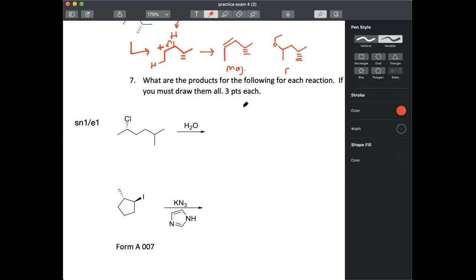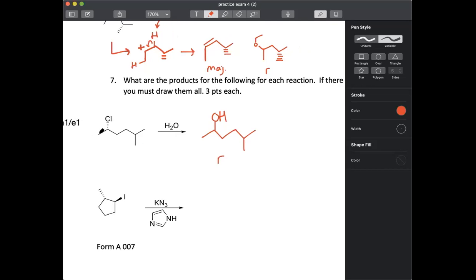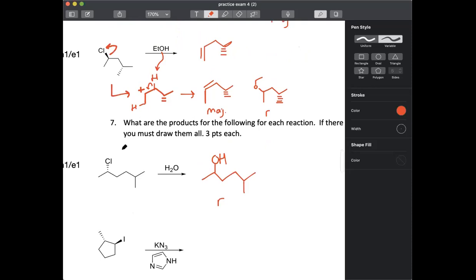All right, so let me draw. So the substitution product is going to have what functional group? Yeah, an OH, right? And this is racemic. Elimination products, there's going to be two because we have two different sites.